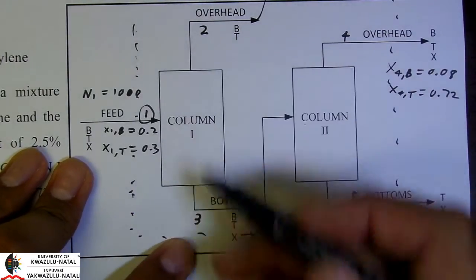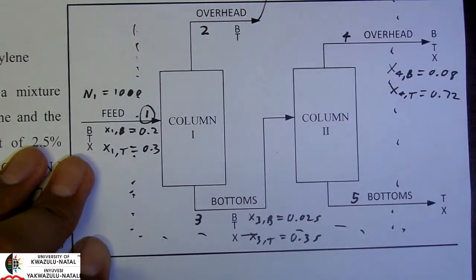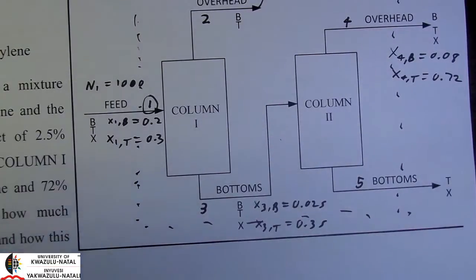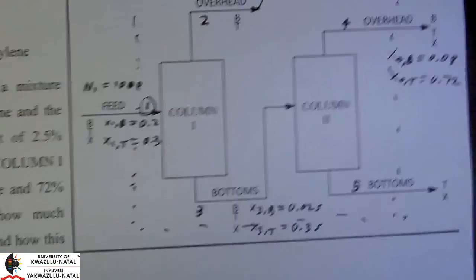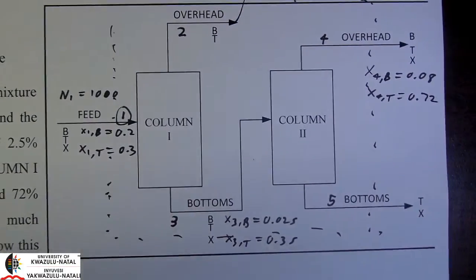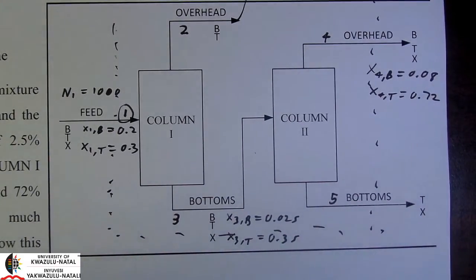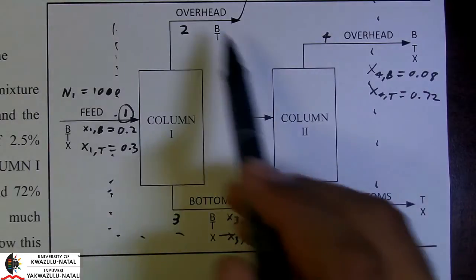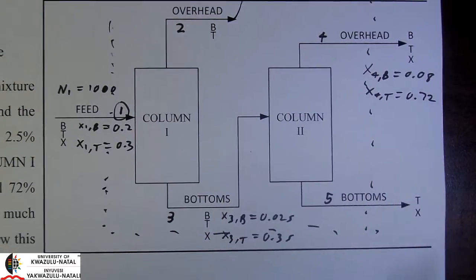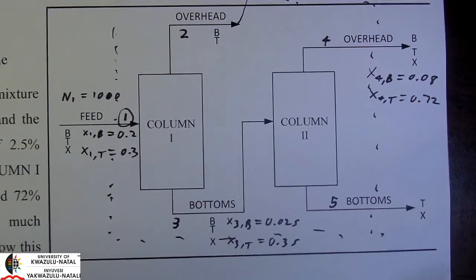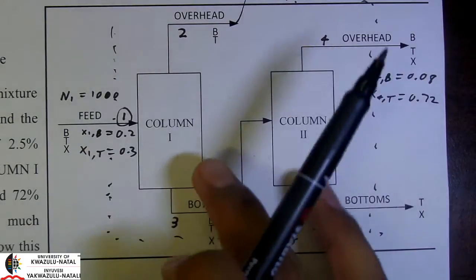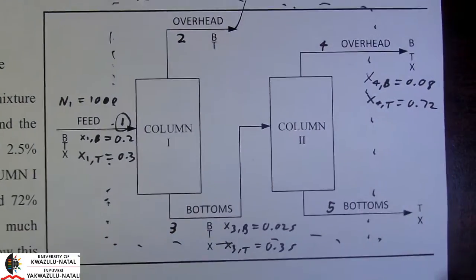So stream 3 is an inner stream, an internal stream, so that will have nothing to do with the overall balance. So contrary to our previous example, which had just one column and ultimately just one balance, an example like this, which contains just 2 units, complicates the issue significantly.